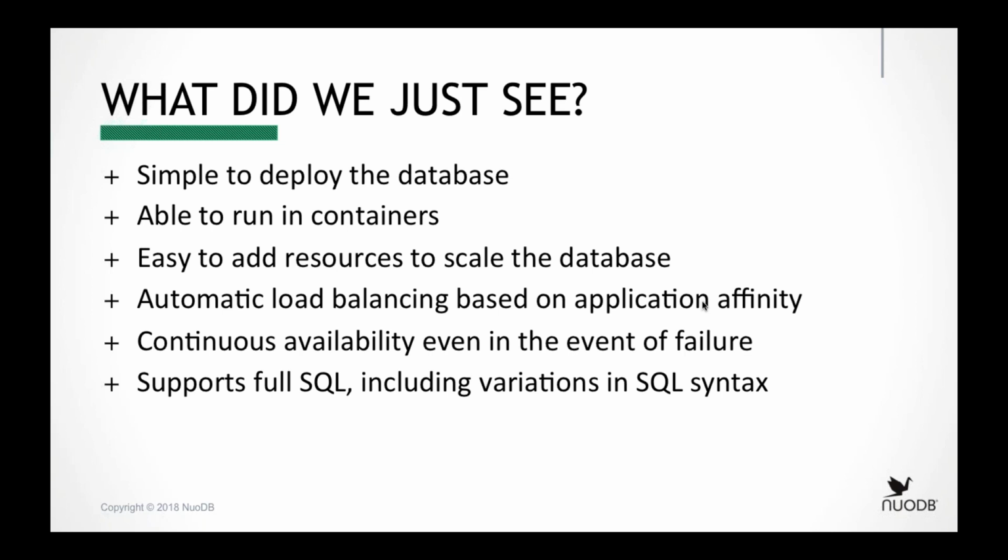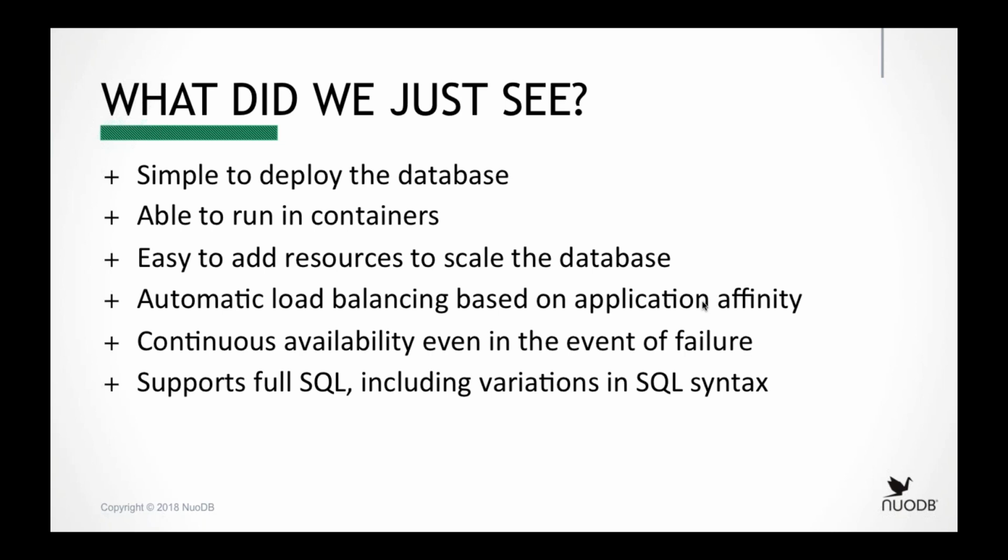We showed the automatic load balancing capability based on application affinity, right? We said we want to connect to zone 3 first, and if zone 3 is not there, we want to connect to zone 2 and then zone 1. So we demonstrated how flexible NuoDB is per the many application types you may have. You may have several hundred different applications connecting into the database, and each one could have a different affinity.